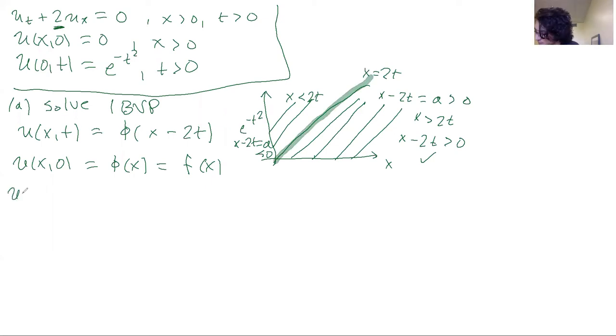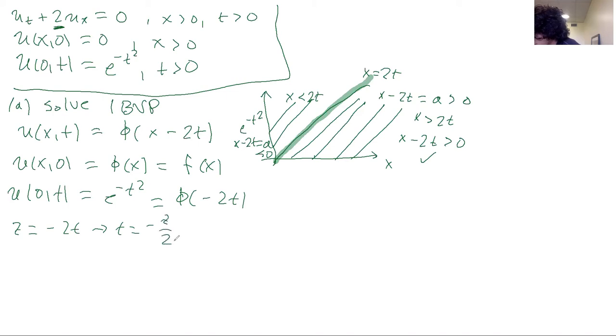So u of 0, t is equal to e to the minus t squared, and that is going to be equal to phi of minus 2t. Of course, we can rearrange things by saying z is equal to minus 2t, t is equal to minus z over 2.